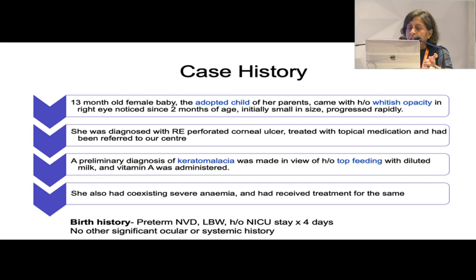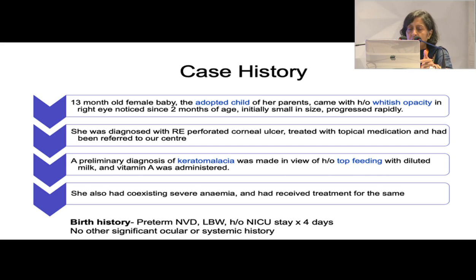A preliminary diagnosis of keratomalacia was made in view of being top-fed with diluted milk, and she was treated with vitamin A. She also had coexisting severe anemia and had received treatment for the same. So often we find these babies who are coming with keratomalacia also have anemia. They often have hemoglobin below 10.